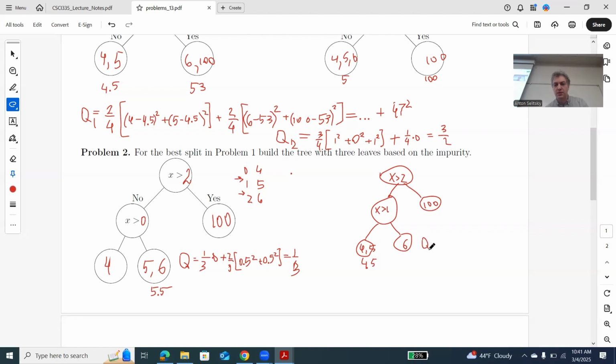For the second possible split, we will have 0 for the right node, and here we will get exactly the same number, because the difference will be 1/2 squared plus 1/2 squared.